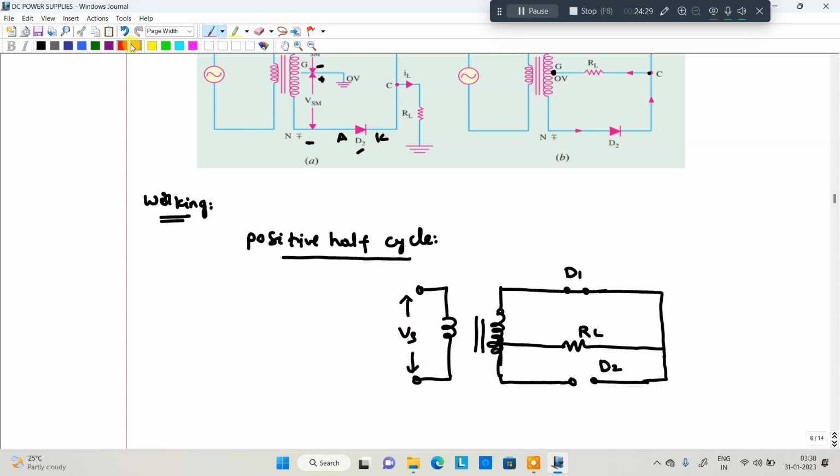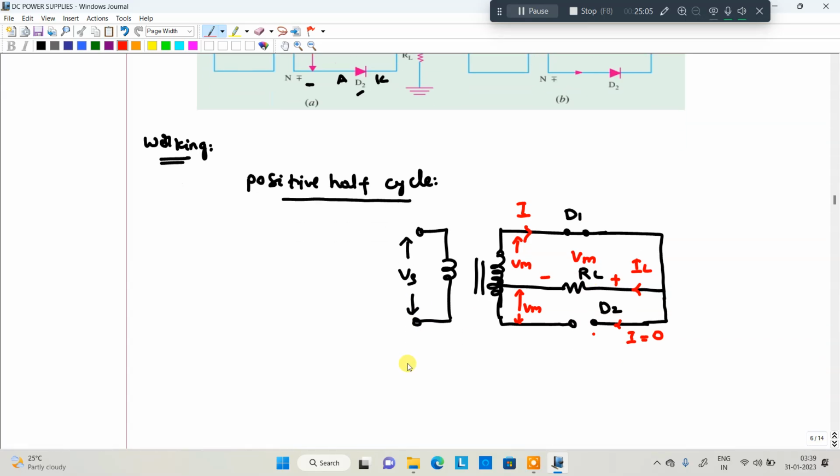Now my question: the current will pass from here, and the same current will enter in this direction. This is the current direction. Now what about the current here? The current will be 0. There is no current flowing. So what about the voltage? The total voltage is Vs. This is Vm, and this is also Vm, two parts here. So how much voltage is present in the first case? Vm only. Okay, Vm is the voltage across the diode.